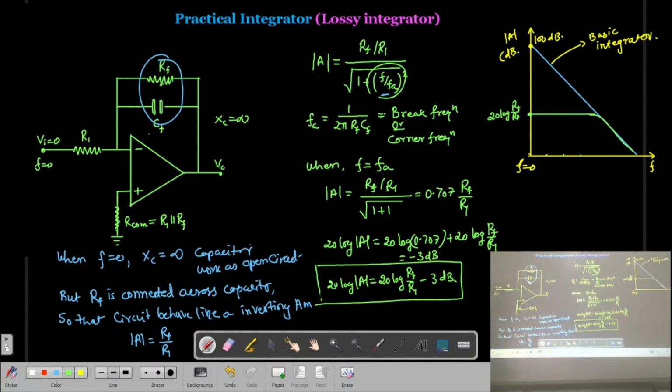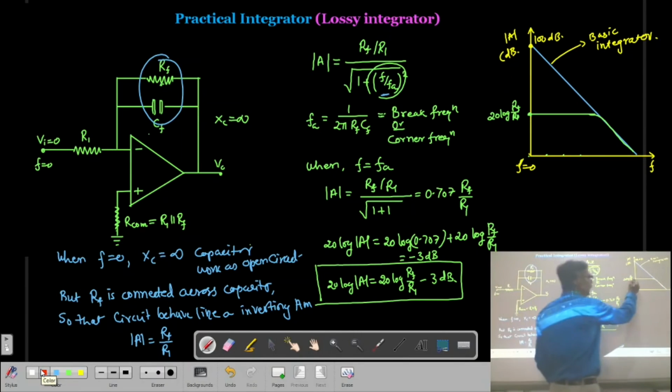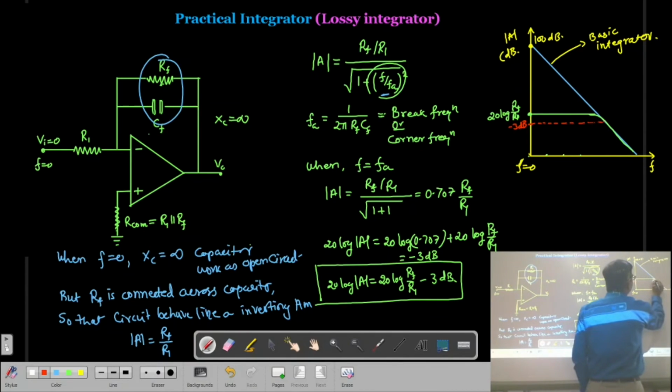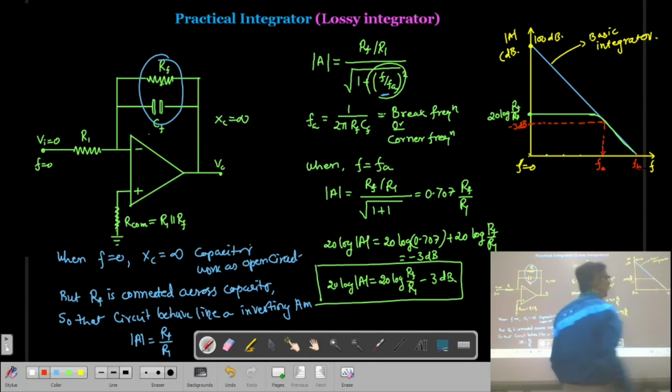Correct? So if I want to find out the frequency Fa, how can we find it? This is 20 log Rf by R1, and somewhere here minus 3 dB will be there. You draw a line like this and here you will get the frequency Fa, and already you know that this frequency is Fb.